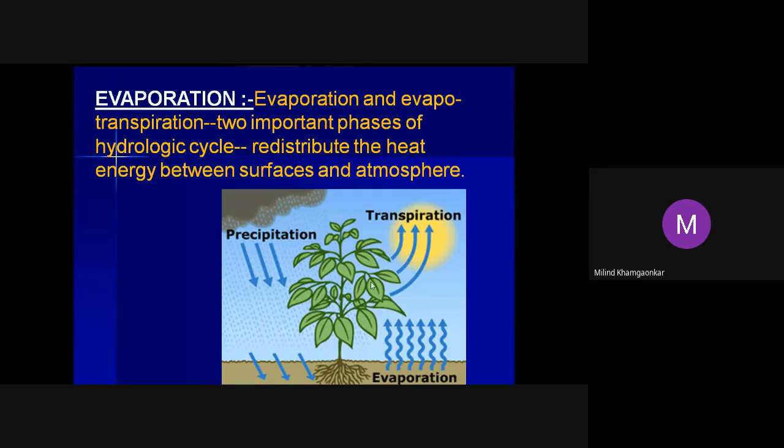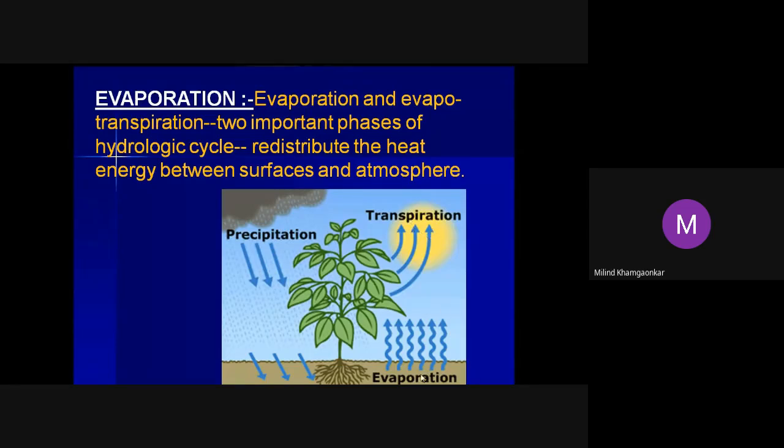The plant needs light, solar energy and carbon dioxide, and it absorbs water through the roots, and all this together forms the carbohydrates and the energy for the growth of the plant. That is photosynthesis. And through these pores in the plant leaves, the water gets evaporated into the atmosphere. A large quantity is evaporated due to solar energy. That is called transpiration.